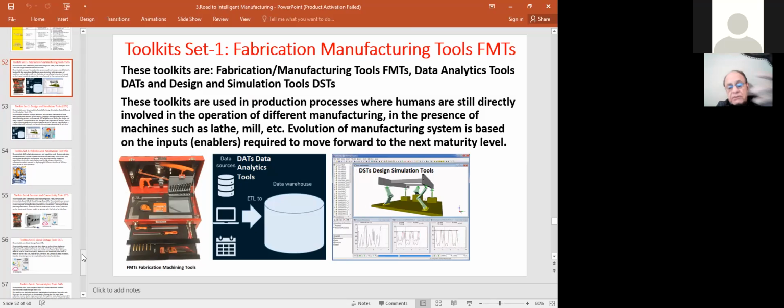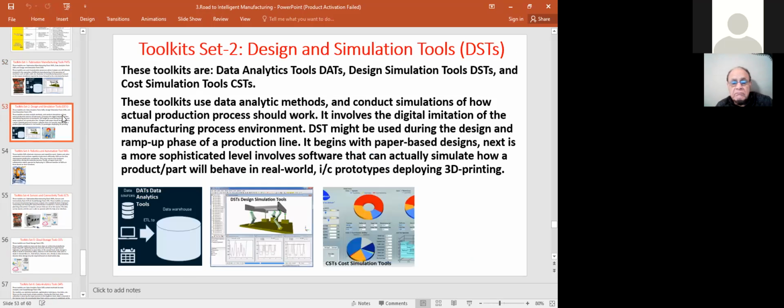We introduce our manufacturing step by step, stage by stage, to follow a process of transformation from a conventional system of manufacturing to an intelligent system of manufacturing. This is the second set of tools, again DATs here, DSTs here, and CSTs. There are cost simulation tools.